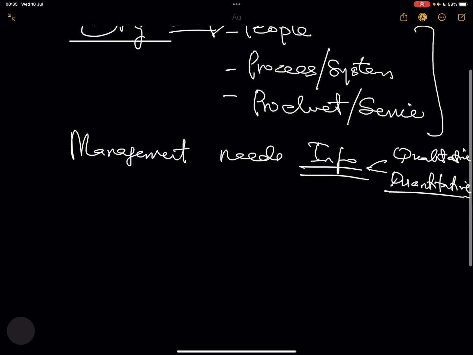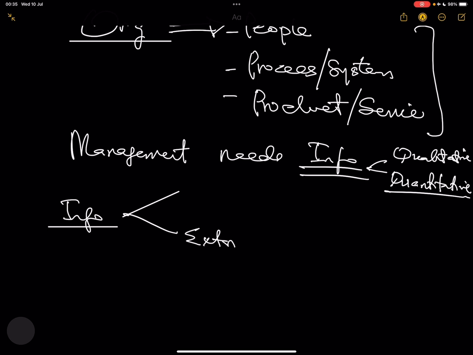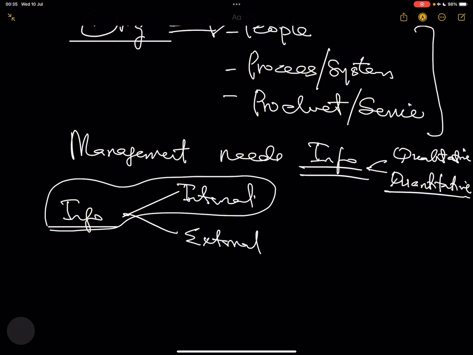And remember, when this information is made available, it can be used either by the external party or by the internal party. When this information is used by the internal party, that is the work of the management accountant.